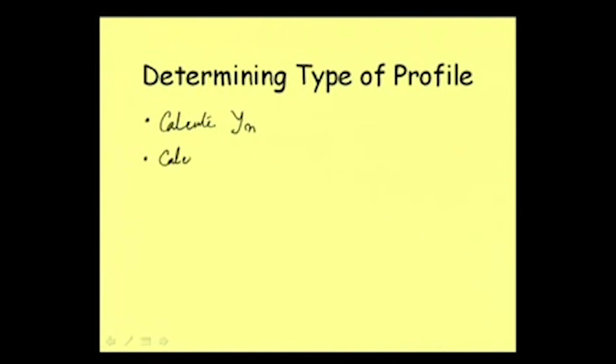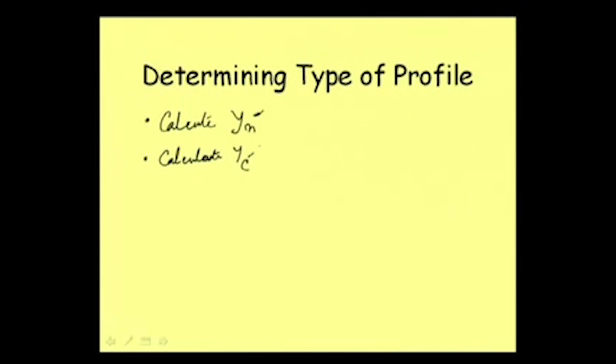Then we should calculate yc, the critical depth. Computation of normal depth we have already covered, so we are not discussing it here. Similarly, calculation of critical depth we have also covered already. But we know that we need to calculate yn and yc.